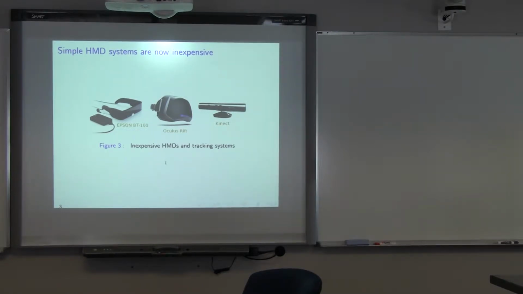As the hardware for building head-mounted displays and tracking systems becomes inexpensive, right now in the market we can buy some good quality head-mounted display and tracking systems for a few hundred dollars. The Oculus company provides the Oculus Rift, sold for around $300. It provides 640 by 800 pixels resolution.